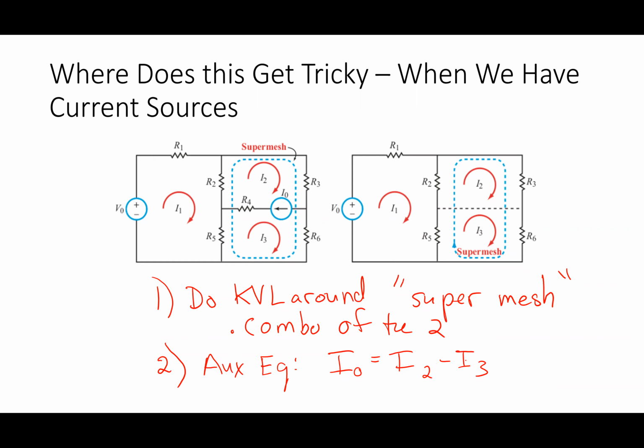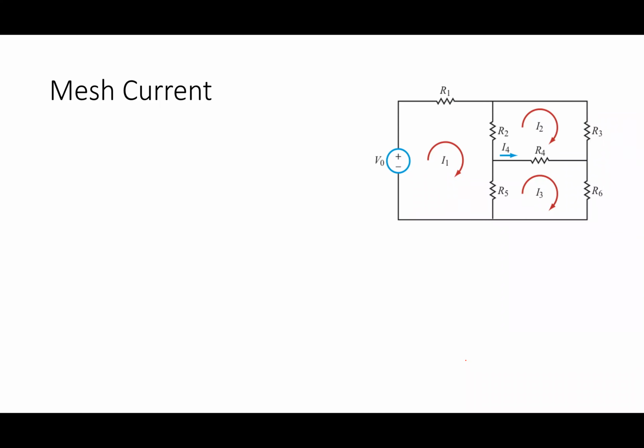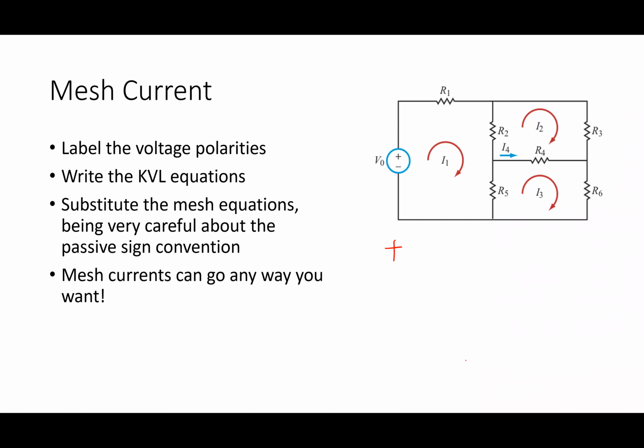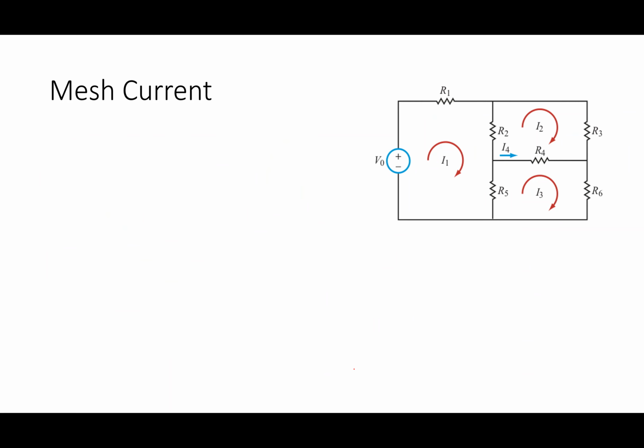Always check that the KVLs that you write, if I go back to this example here, always have an I times an R. I better always have voltages in all of my KVL equations, just like in the nodal method, all of my terms better have what units? Better have amps, right? They better have amps, okay.